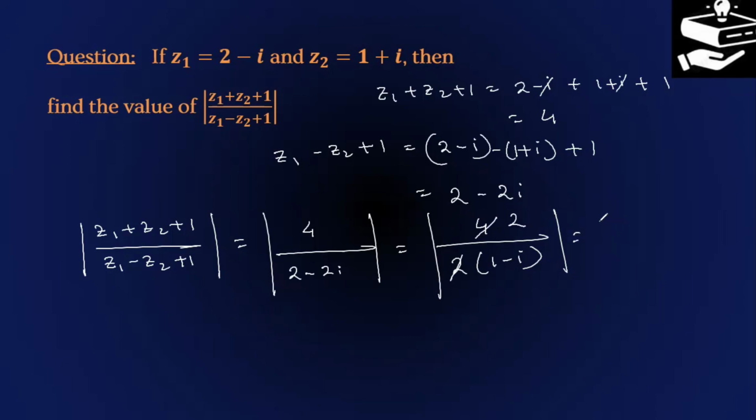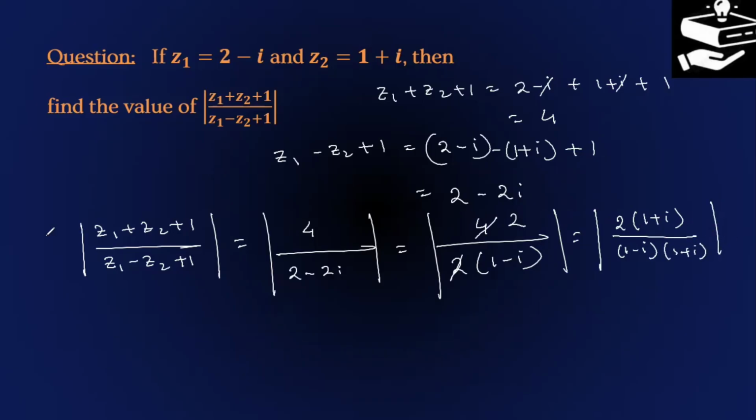Now you already know that we cannot have any 1 minus i or 1 plus i, any i term in the denominator. So in order to erase the denominator's i term, you need to multiply the numerator as well as the denominator by the conjugate. So 2 will be multiplied with 1 plus i, because 1 minus i will be multiplied with its conjugate 1 plus i.